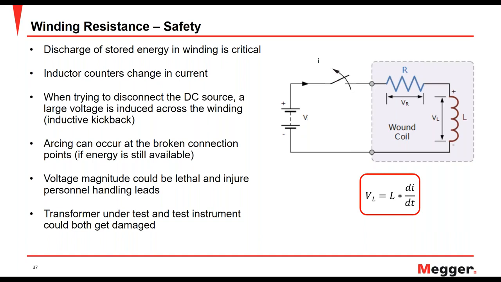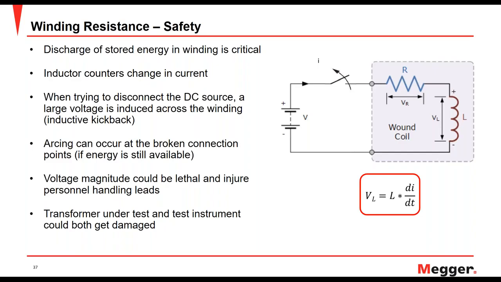So you have selected the correct test parameters, you have completed the test, and you have a good measurement. Because this operation involved injecting energy into the transformer winding, it is important that the stored energy be discharged. We know that an inductor will not allow that change as easily.